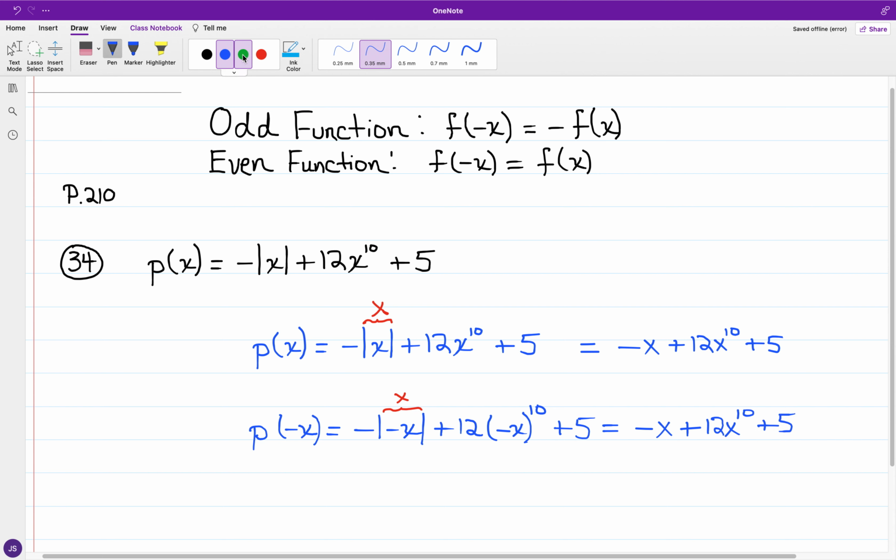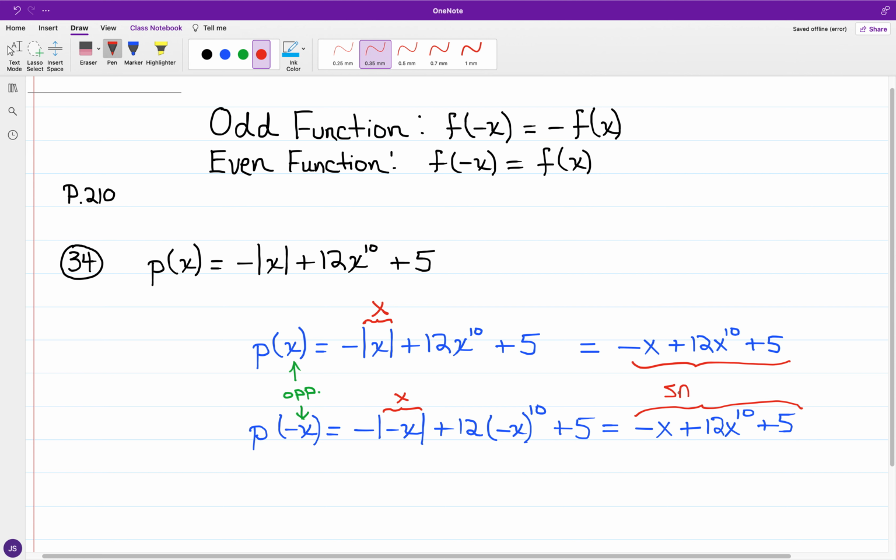So again, we have x and negative x as opposite inputs. But notice that between the two outputs, the negative x term, the 12x to the 10th, and the 5 are all the same.